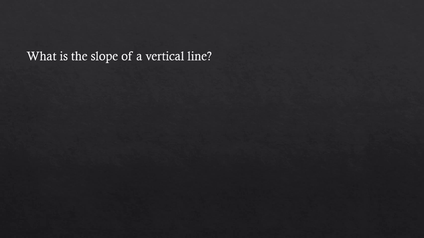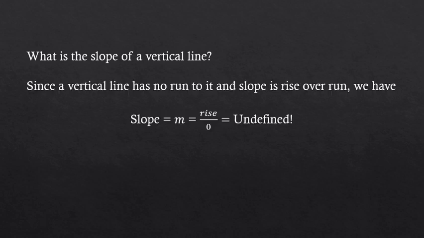So, again, slope being rise over run, there is a rise, there's no run, so slope is our rise divided by 0. But when we divide by 0, we get something that is not defined. We can't divide by 0. So a vertical line has a slope that is not defined.